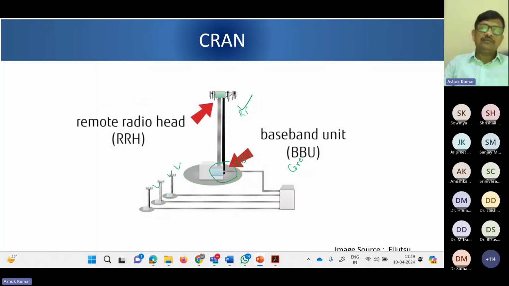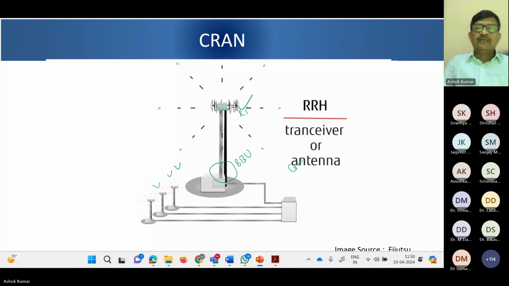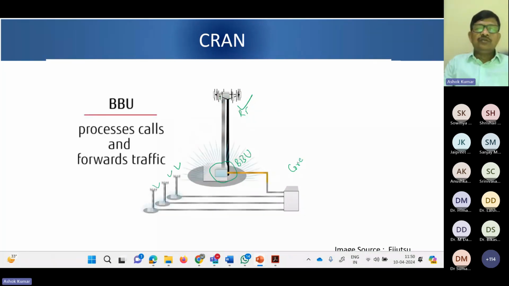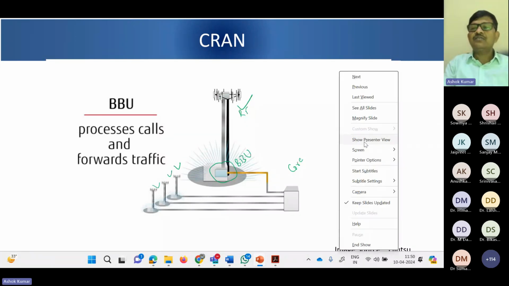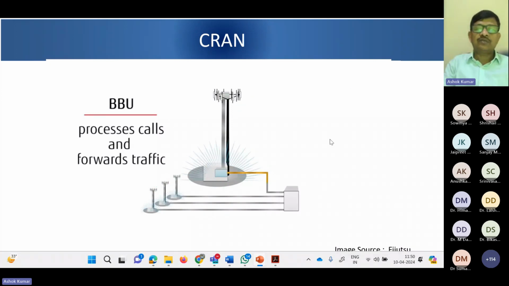As I discussed, below is the BBU, top is the RRH, and the protocol is CPRI. The BBU handles all the radio protocols, and then forwards it to the core network.